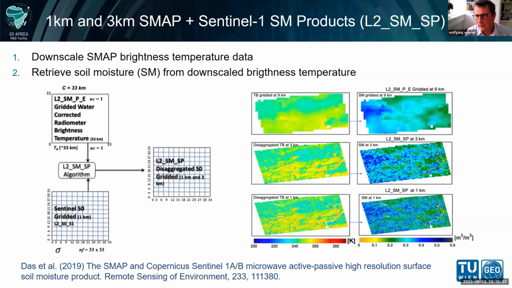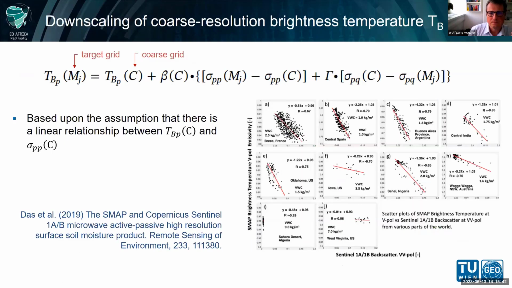Well, the answer to this question is that brightness temperature and backscatter data are highly correlated, because both are sensitive to soil moisture. So they are not independent measurements. This is why you can use backscatter data to downscale the brightness temperature data.